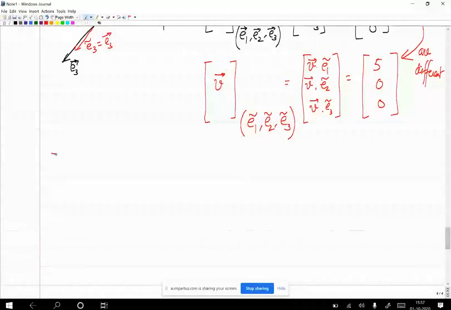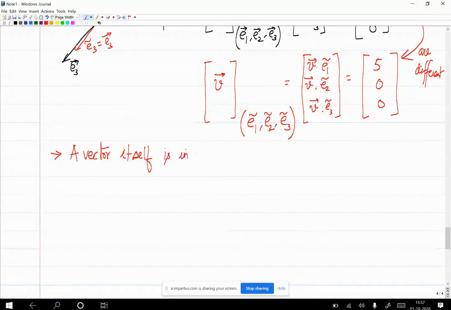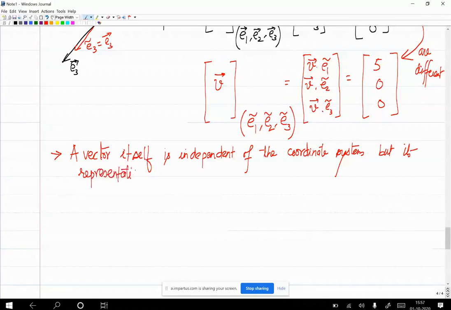Okay? So what we found out is that a vector itself is independent of the coordinate system, but its representation, which is also drawn as its column form, changes from coordinate system to coordinate system.